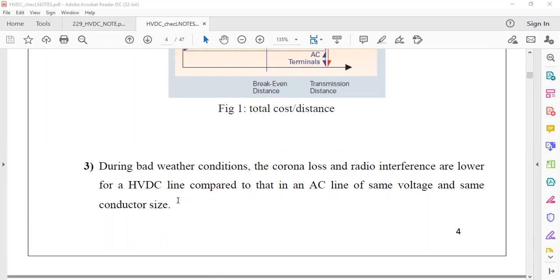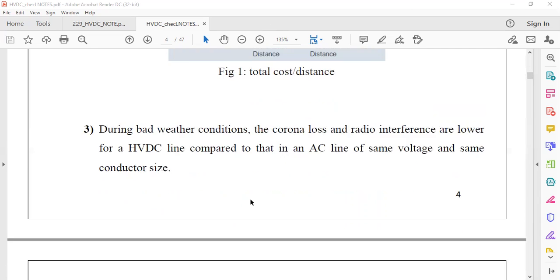We know that corona losses and radio interference affect nearby lines; if there are any other lines nearby, we can face interference, right? So in case of HVDC, it is not possible, right? The radio interference will be reduced, right?